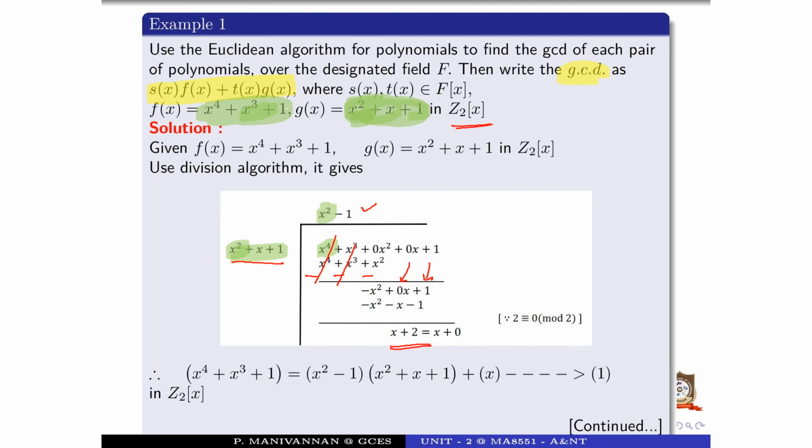Here the coefficients are in Z_2. We write minus 1 as plus 1. Simplifying the last term, x plus 2, where 2 is 0, so x plus 0, therefore it is x.